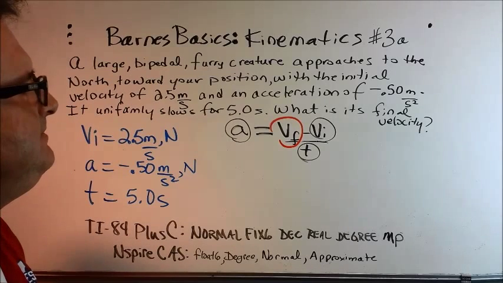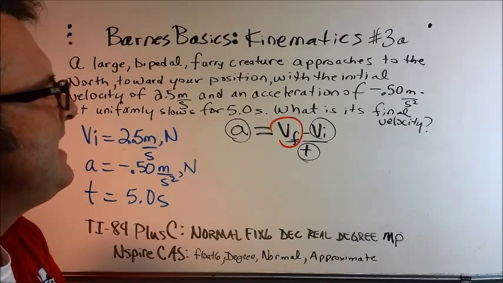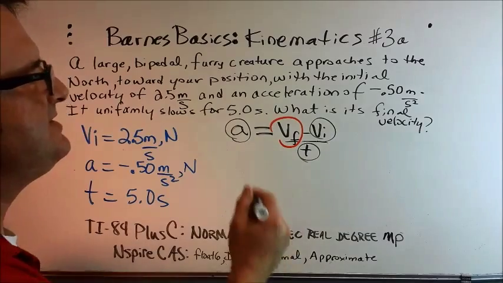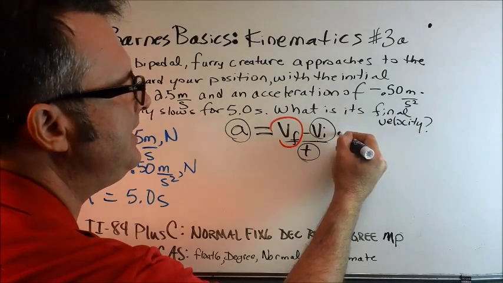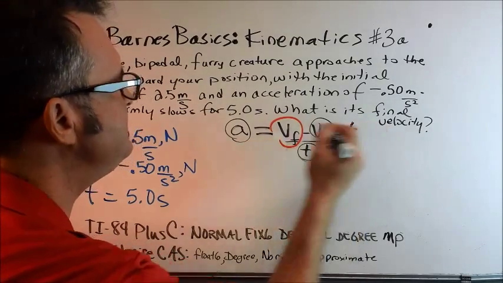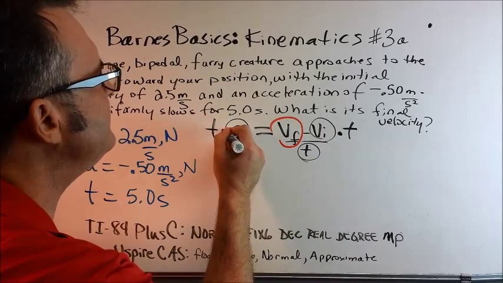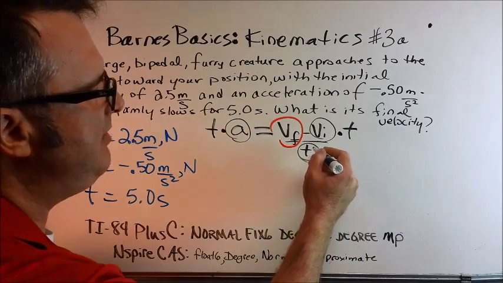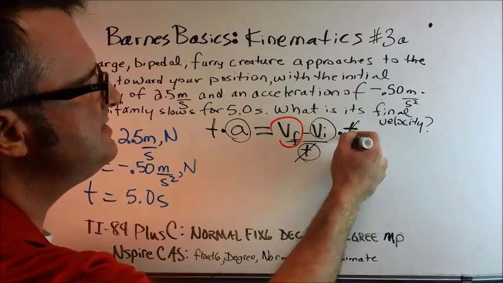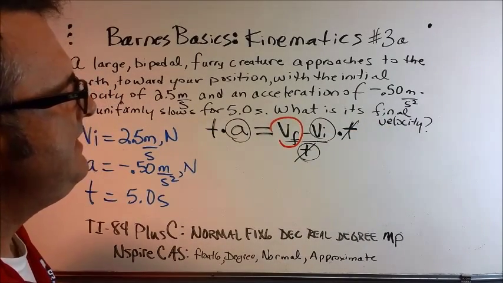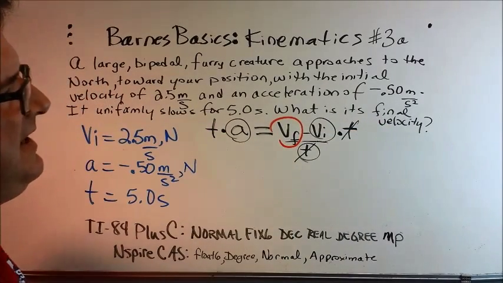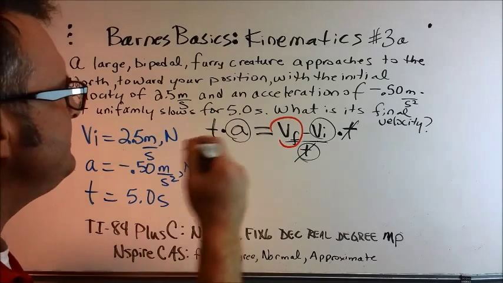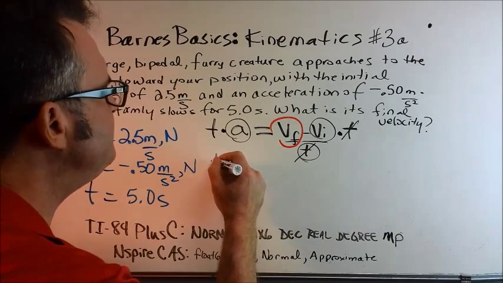So if I want to get rid of this T, I would multiply this by T on the top, like this. That would allow me to cancel this T. And then if I want to isolate even further, let's not rush too much on this.